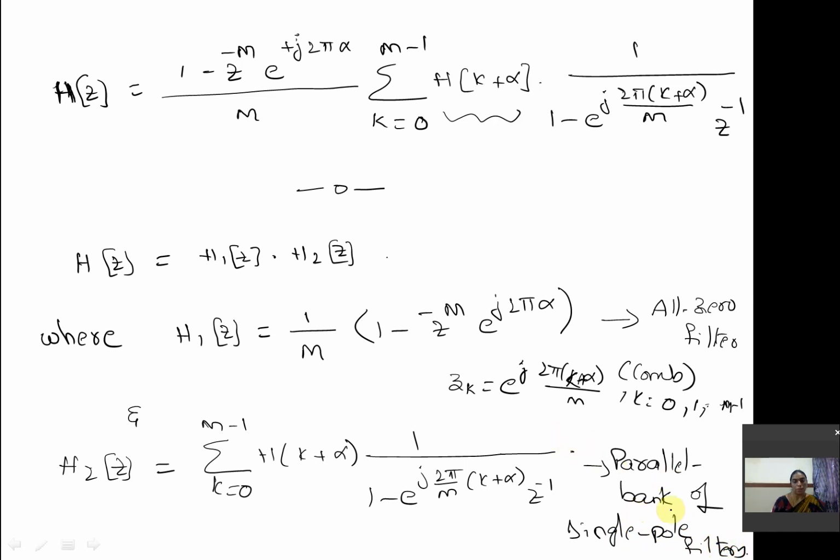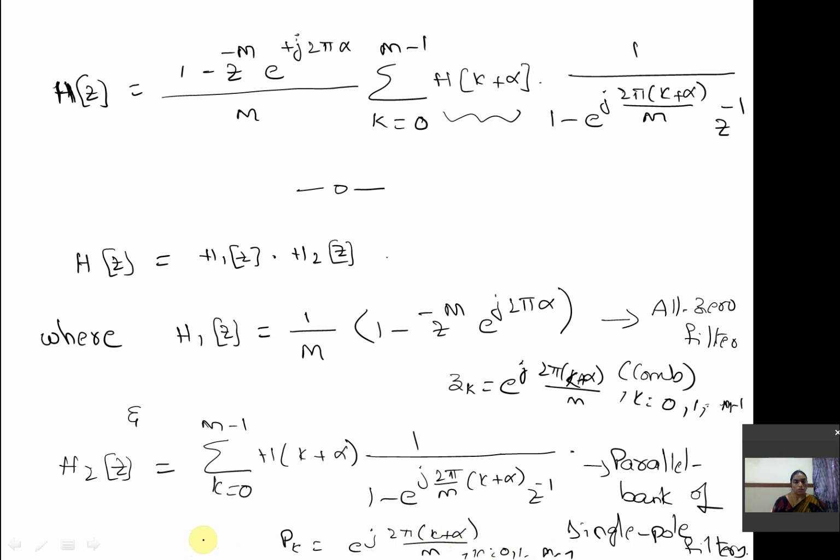These are a parallel bank of single pole filters with the resonant frequencies p_k is equal to e^{j2π(k+α)/M}. Here k is 0, 1 and so on, M minus 1.